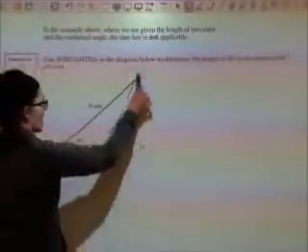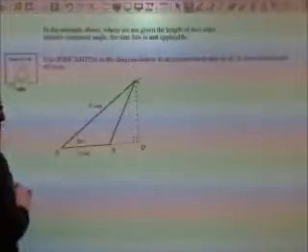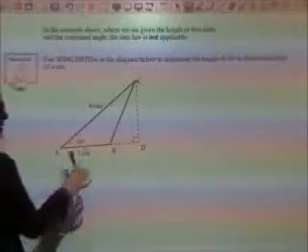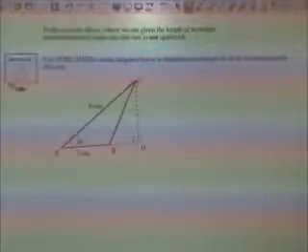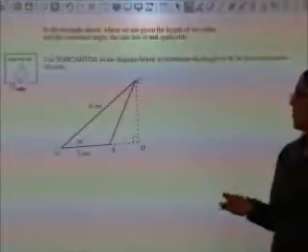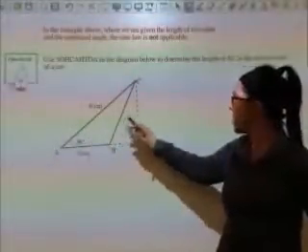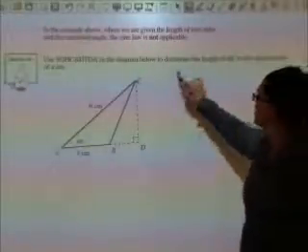Well, I have triangle ADC. I could find out AD. Then maybe I could find out some more information. So let's try to find out CD. Sorry, not AD, CD. So let's try to find out the length of CD. I have an angle, its opposite side, and the hypotenuse. So that's sine.